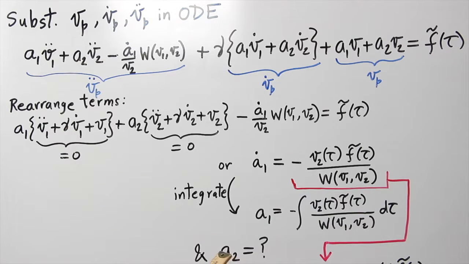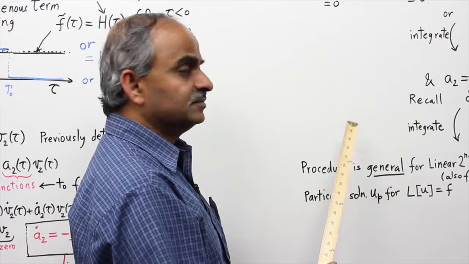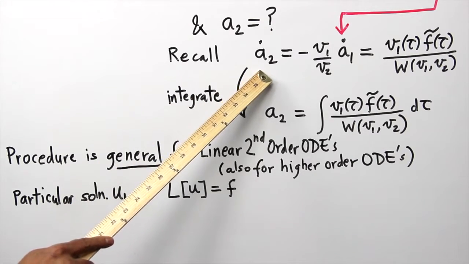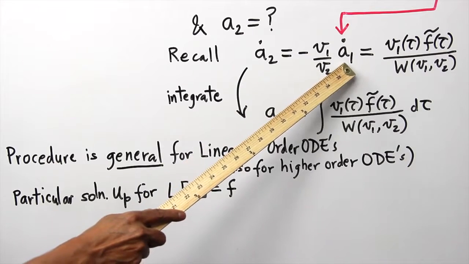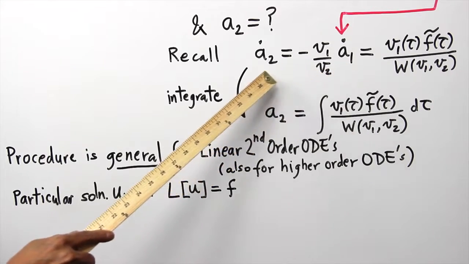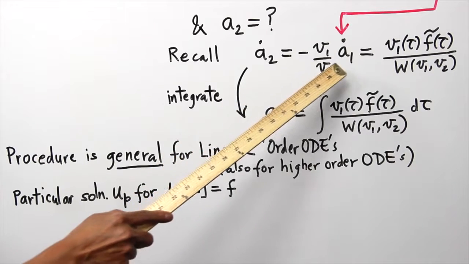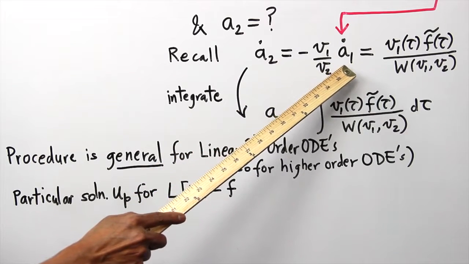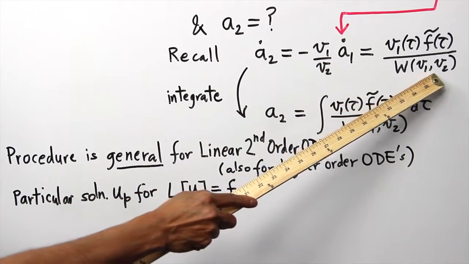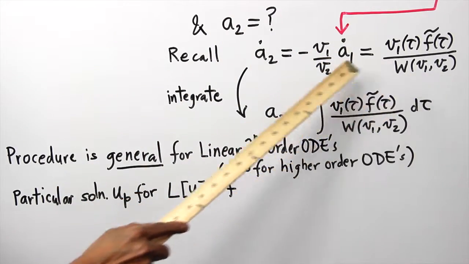So we want to describe that next, and we begin by recalling that we had made a choice for a2 dot in terms of a1 dot. We had a boxed equation that we had looked at before, and that is exactly this equation. And now that we know a1 dot, we can substitute for a1 dot from up above, which gives us this expression here for a2 dot.